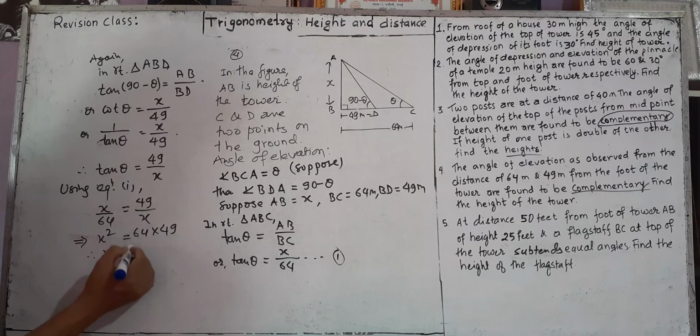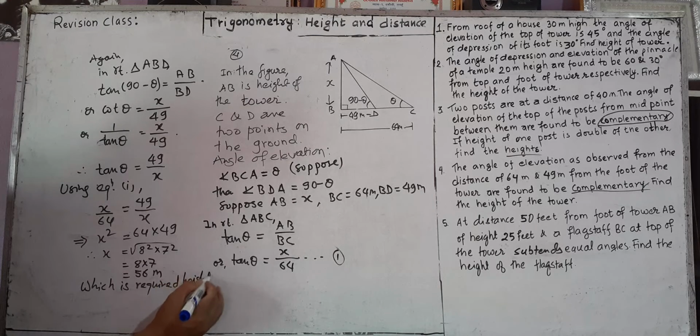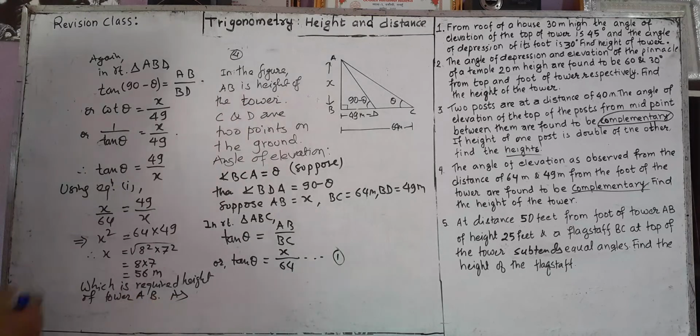Therefore, x is equal to, you can write 64 as 8 squared and 49 as 7 squared. Therefore, this equals 8 times 7, and this is 56 meters, which is the required height of tower AB. This is the complete answer.